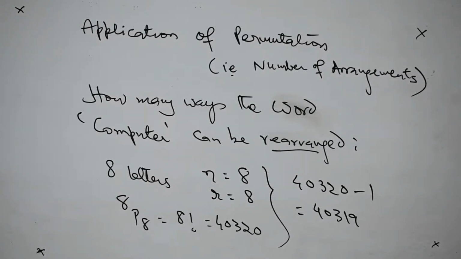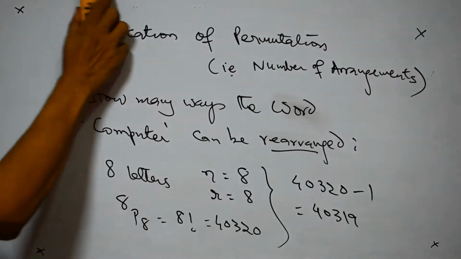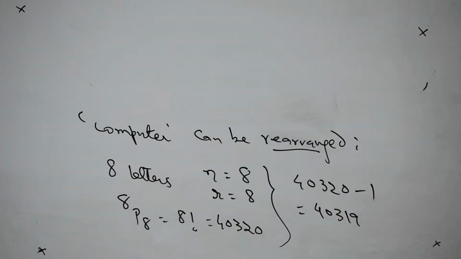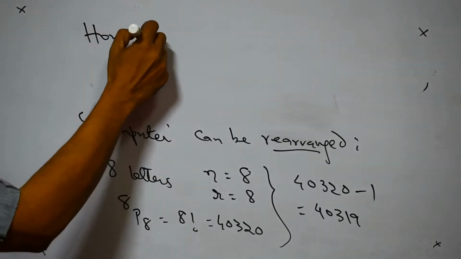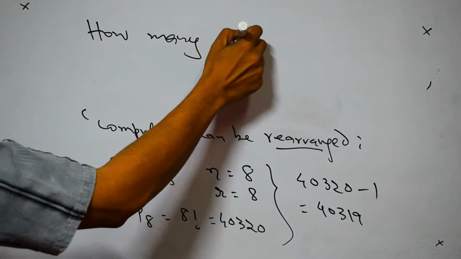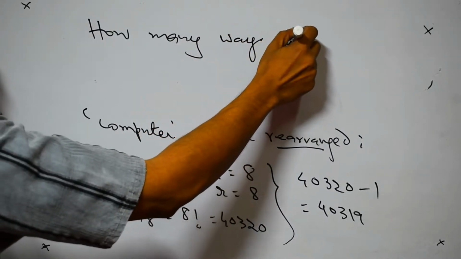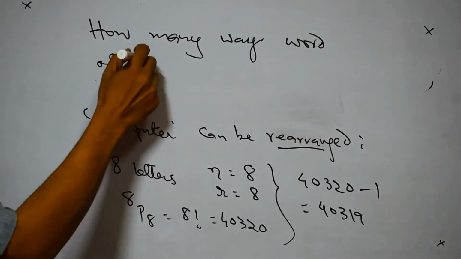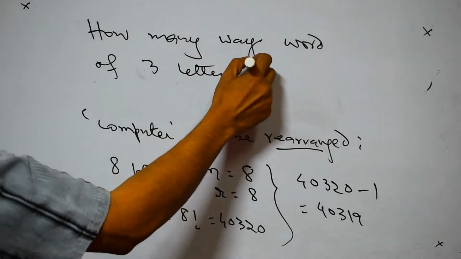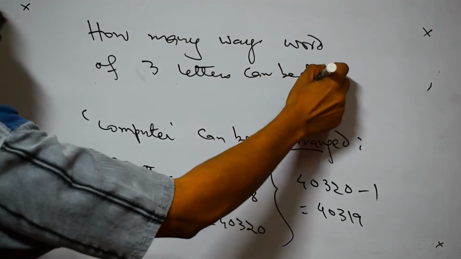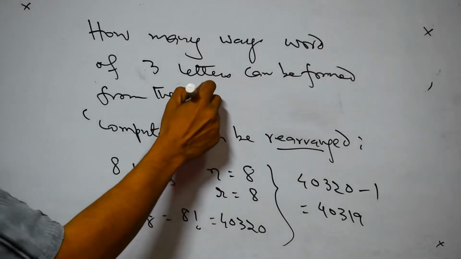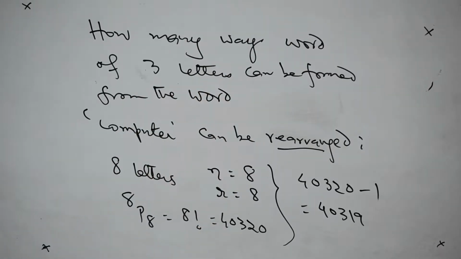Now the next question we can discuss: how many ways can a word of 3 letters be formed from the word computer?